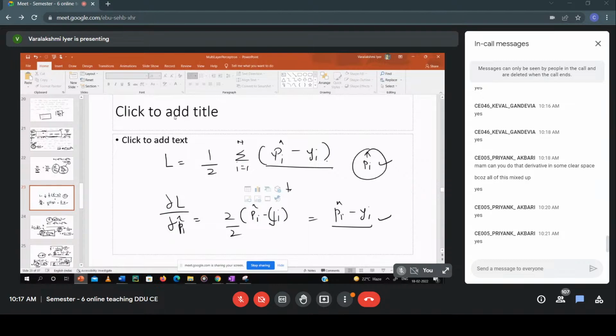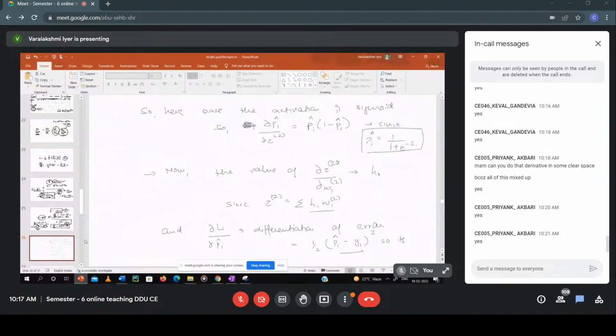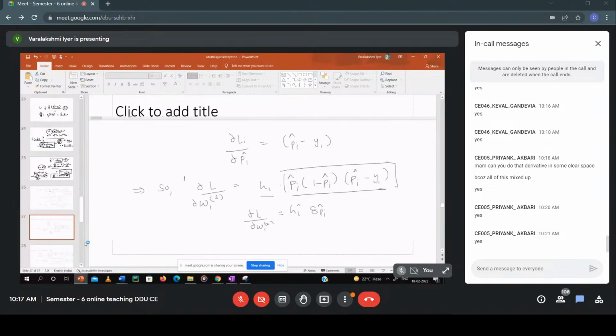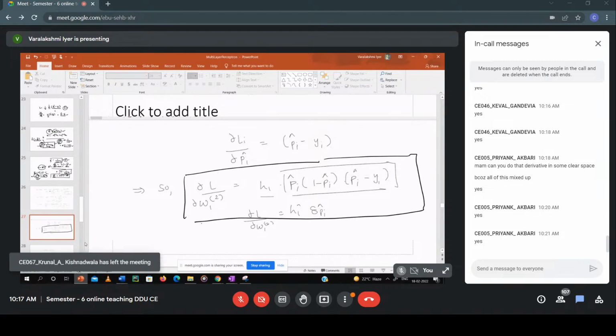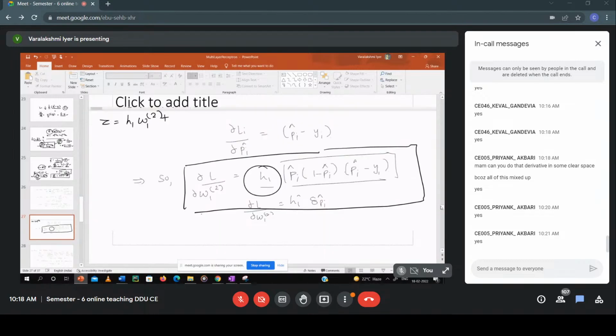Is it clear now? So the final output in this case will be of this form. Let us go to the next slide. del L upon del W12 will be equal to this, where H1 is the output, since Z is equal to H1 W12 plus H2 W22.